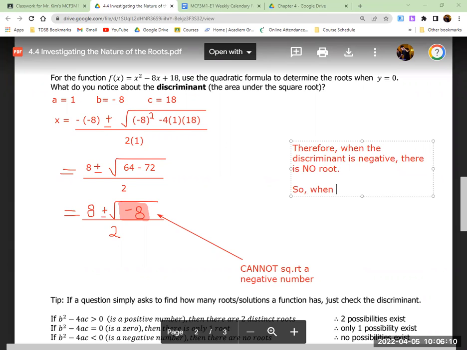So when y equals 0 in this case, x does not exist. So the quadratic formula works. Mathematically, there is a mechanism already built in that will tell you if there's going to be 2, 1, or 0 answers. And if there's 0, they tell you by saying it's impossible to solve.